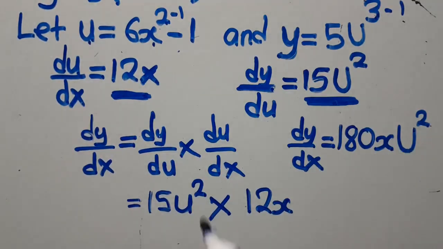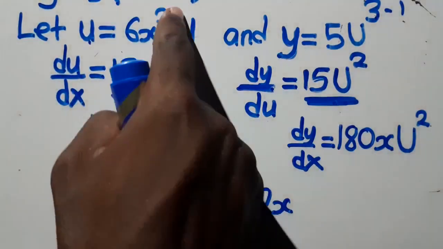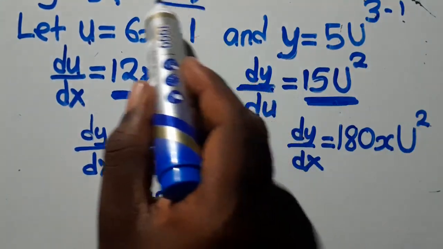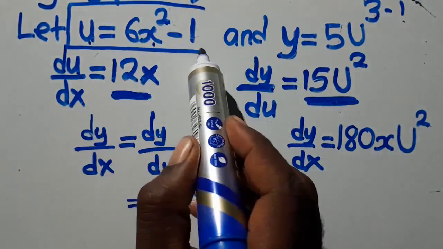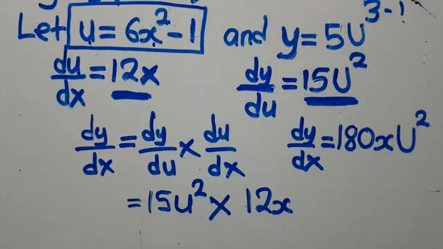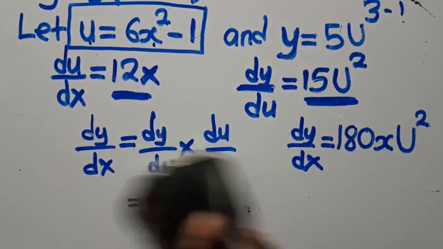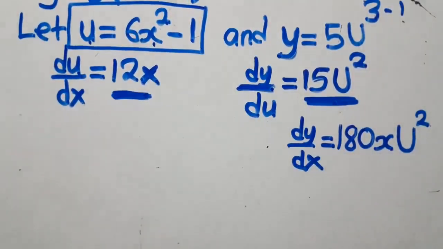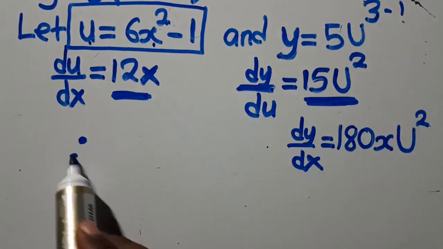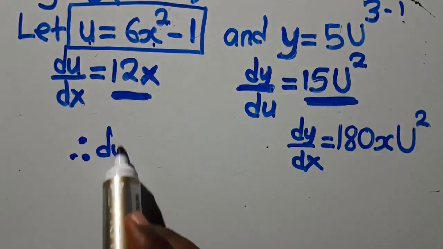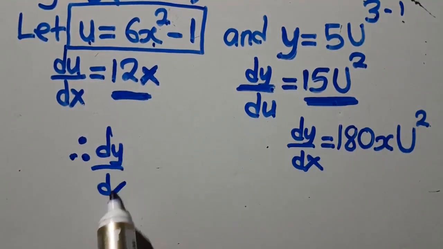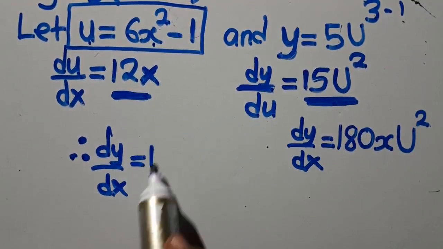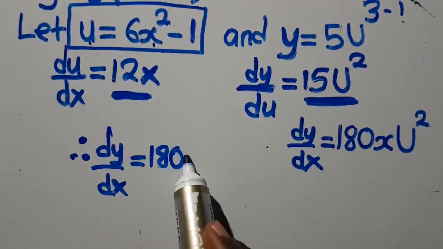We are there now, where you know the value of u. What did we say? U is equal to that. U was equal to this, like that. Have you seen? I think you've seen how I was answering this. Now you just conclude and say, therefore, dy/dx is equal to 180x.